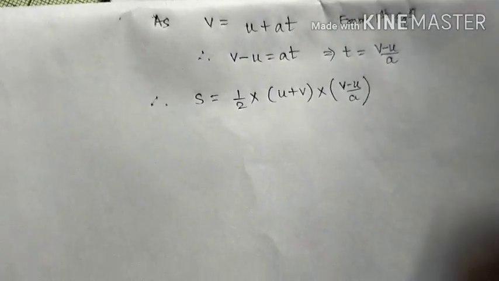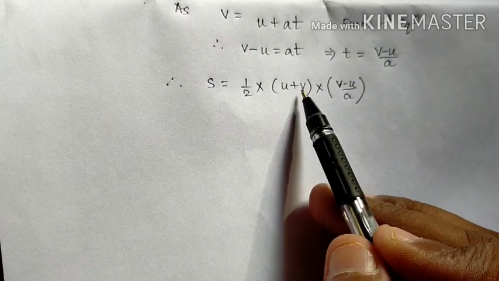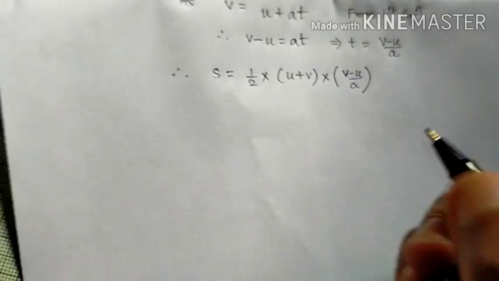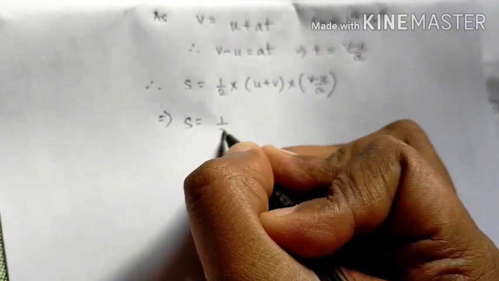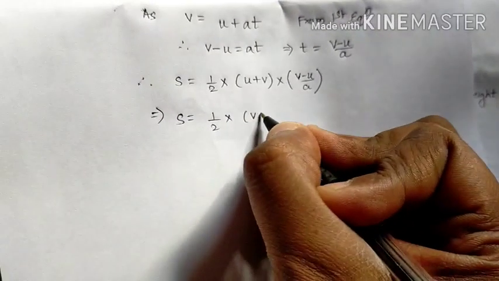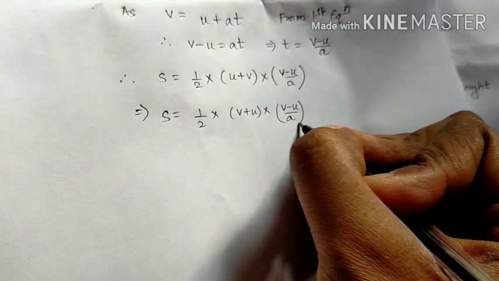Let's enclose this term inside a bracket. So s is equal to half into u plus v into v minus u by a. Now u plus v is same as v plus u. So you can write down s equal to half into v plus u into v minus u divided by a.